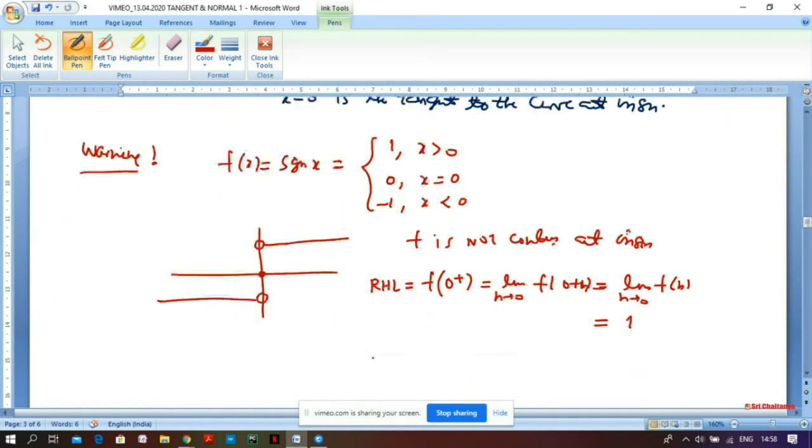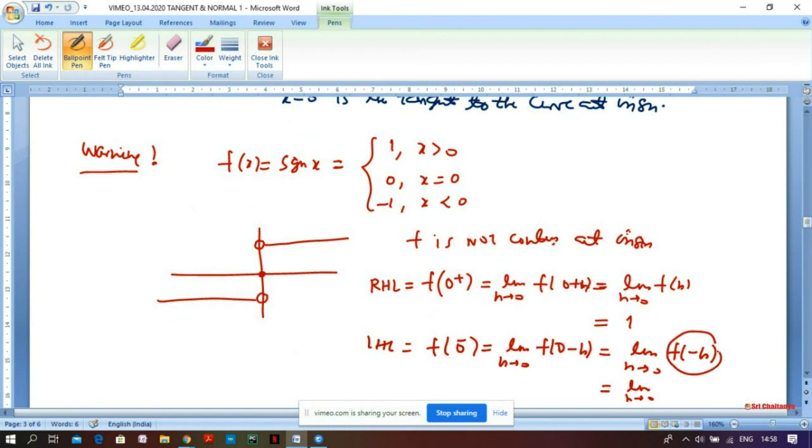And if I come to the left hand limit, the notation is f of 0 minus, and it is the limit as h tends to 0 of f of 0 minus h, so the limit as h tends to 0 of f of negative h. When you are on the negative side, this is negative, so that number is the limit as h tends to 0 of negative 1, a constant, and so the limit is negative 1.